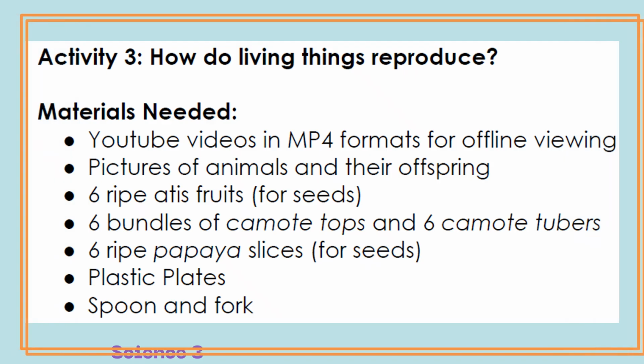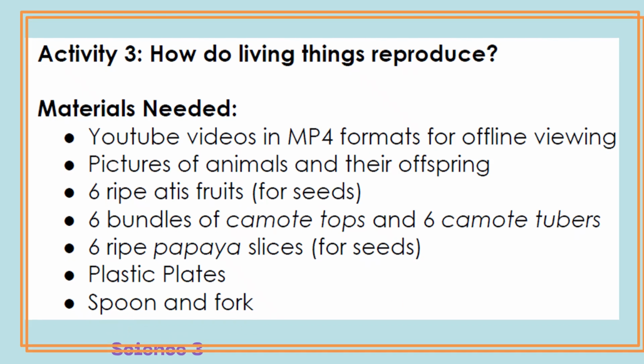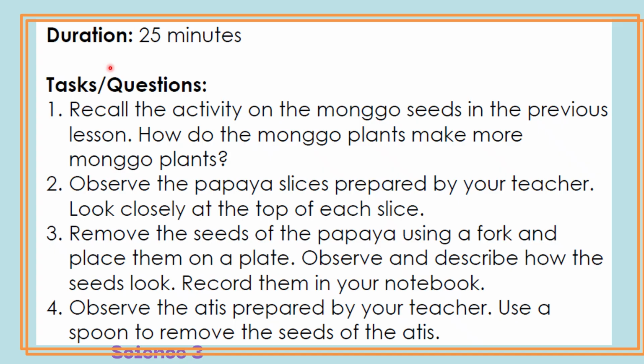For activity number 3, materials needed: YouTube videos in MP4 format for offline viewing, pictures of animals and their offspring, 6 ripe atis fruits for seeds, 6 bundles of kamote tops and 6 kamote tubers, 6 ripe papaya slices for seeds, plastic plates, spoon and fork. Duration: 25 minutes. Task questions.